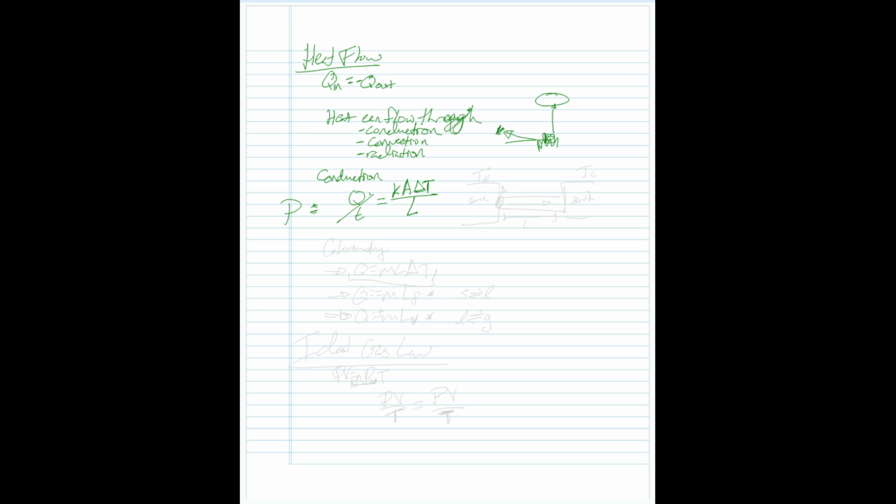So if I have a heat source and I have a heat sink, I can put a material in between them and measure the heat flow through it because I can know the length of it, I can know the cross-sectional area of it, and I know that this source is T hot and the sink is T cold.